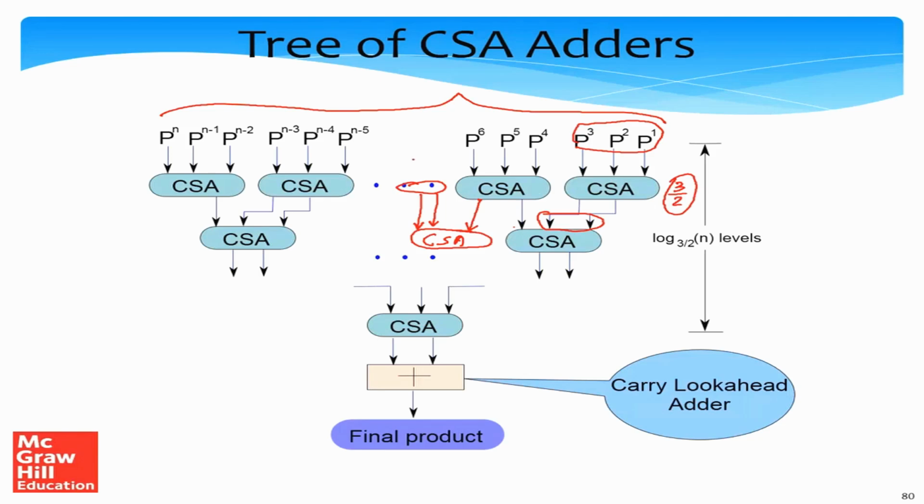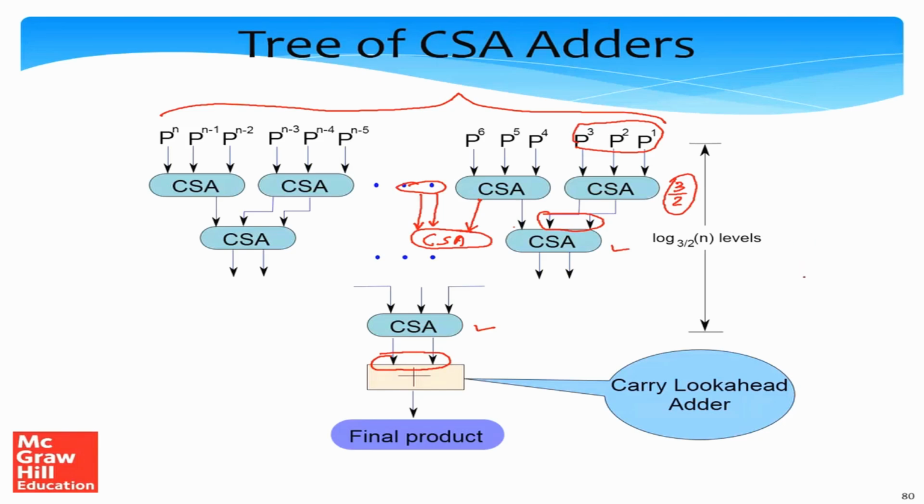So what we do is that we create a tree of adders where we start with the partial sums and keep on adding them. So recall that the carry save adder takes 3 inputs and produces 2 outputs, where the sum of the outputs is the same as the sum of the inputs. Then we keep on adding levels till we finally have only 2 outputs, and the sum of these two is the sum of all the partial sums.